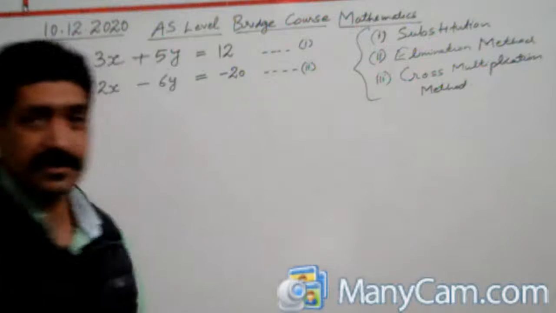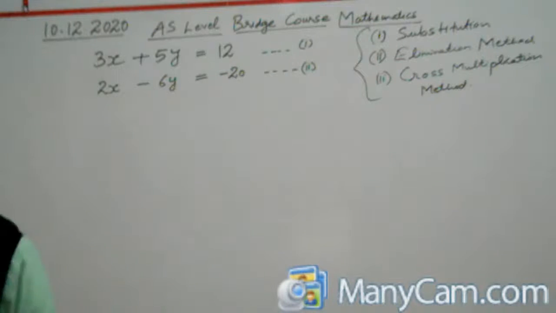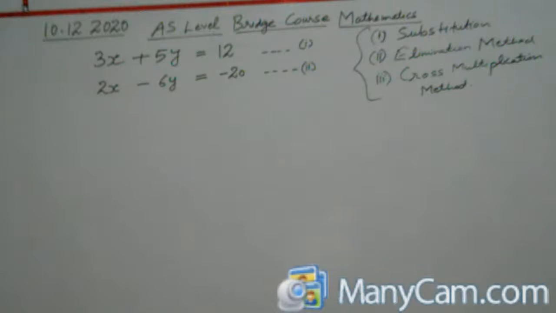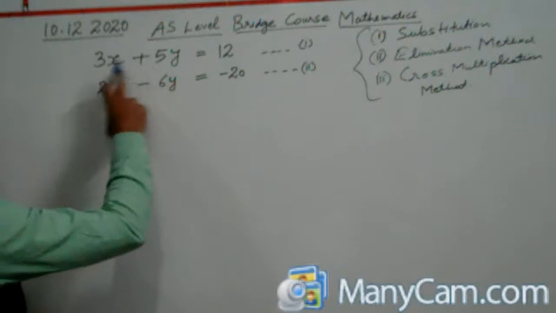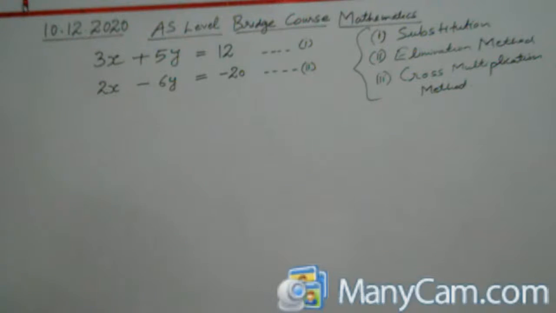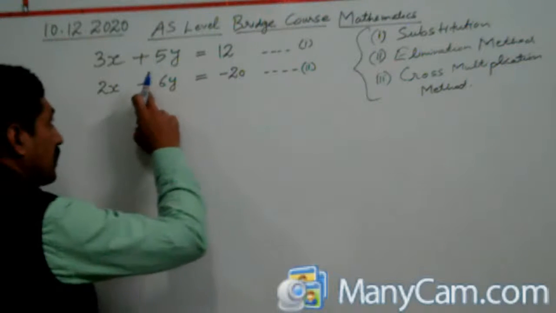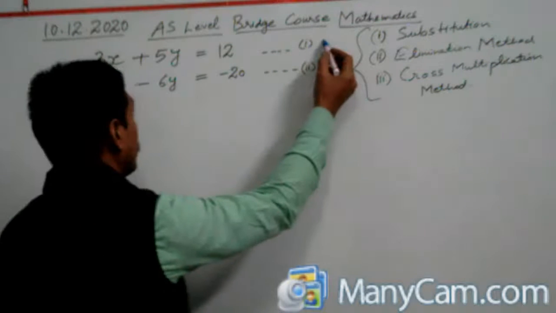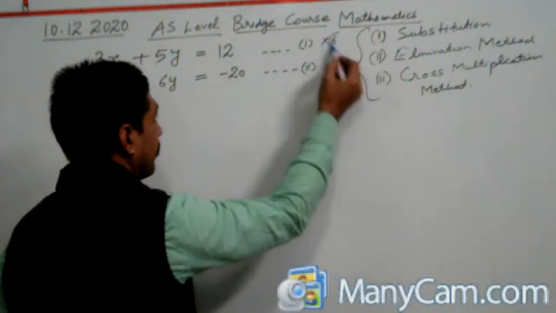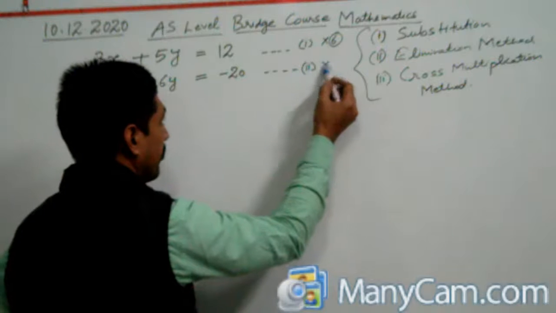So here let's solve this equation. Here we will go with elimination. Here either we can eliminate x or eliminate y. If you want to eliminate x, multiply the first equation by 6 and multiply the second equation by 5.